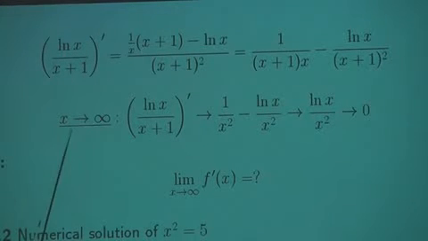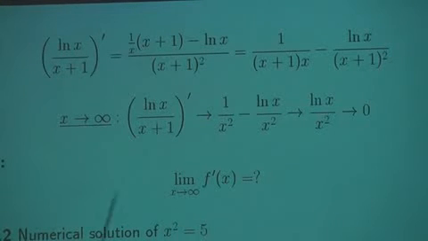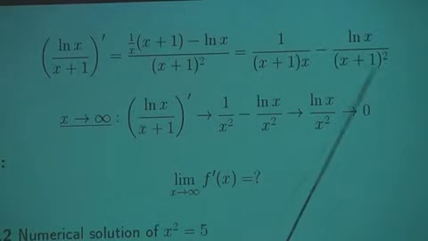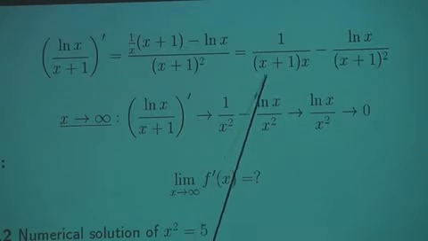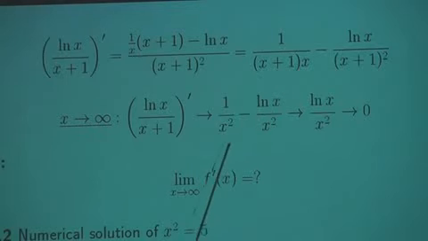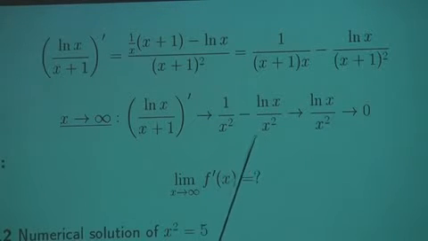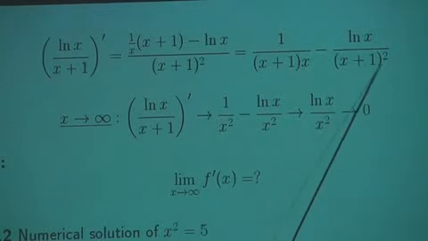And now we take the limit for x towards infinity of this expression. Now we can neglect this plus 1 here. That's why we get here a 1 over x squared, and here we get the logarithm of x over x squared, because we can neglect this 1 here too.